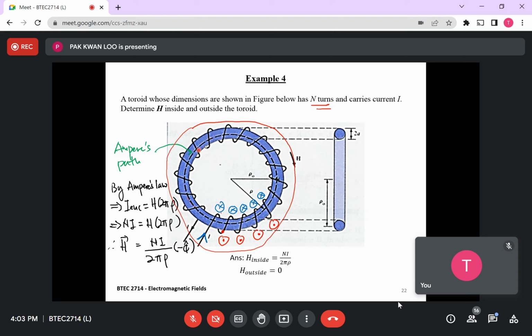So therefore it is feasible. Same goes for the region outside the toroid: again, the current distribution is symmetrical, so the circular path is appropriate for this situation.